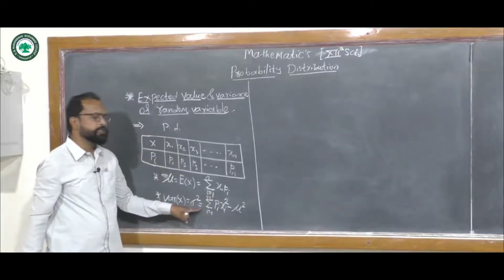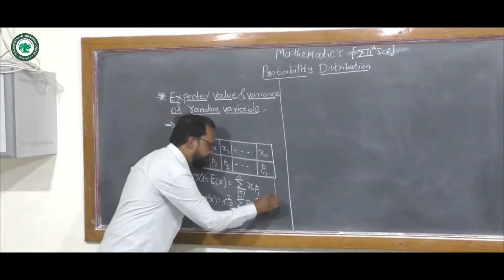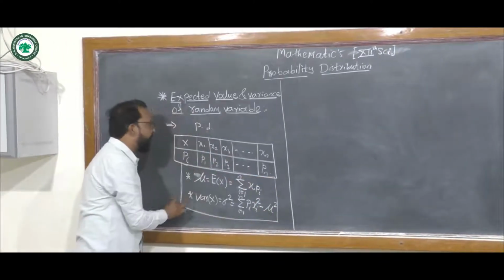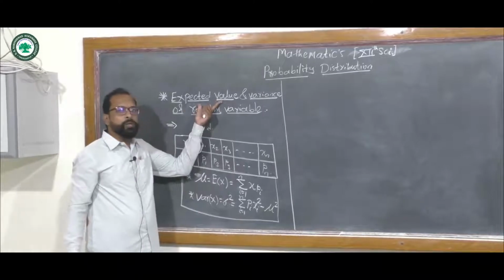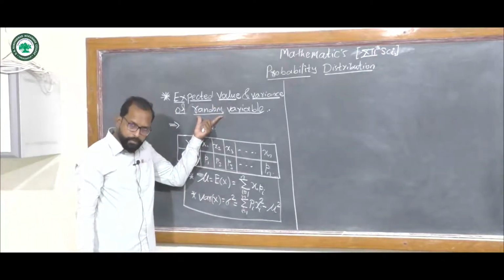These are the two formulas which we use to find the expected value and variance of a random variable.